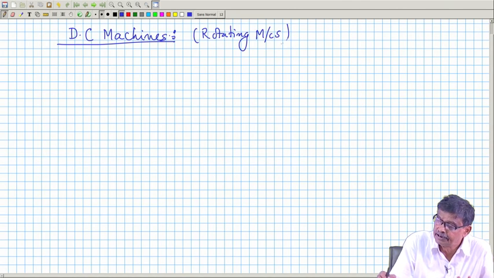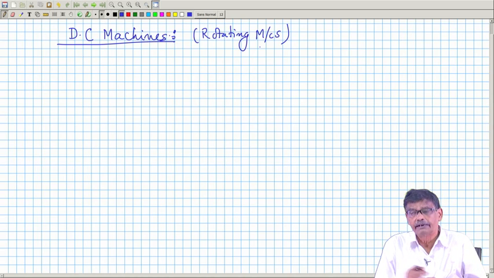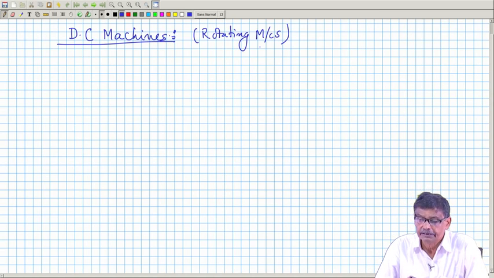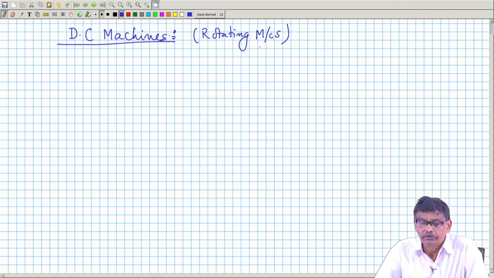Machines I will often write like this. Now, before I start discussing rotating DC machines, we try to understand how DC voltage can be generated.